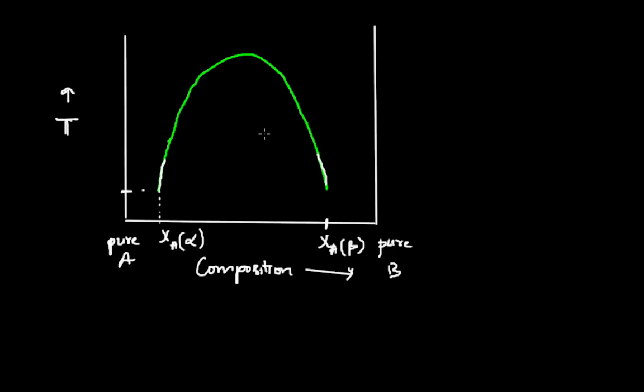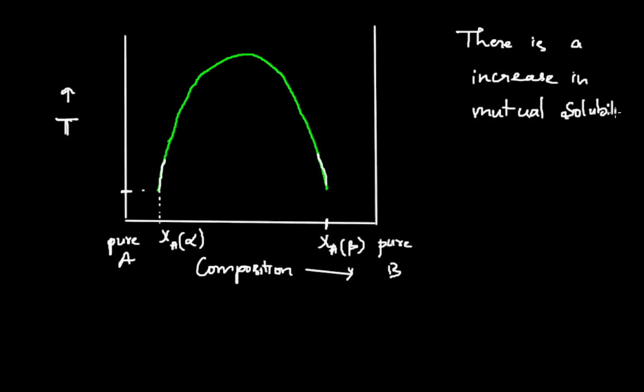Okay, and this is because there is an increase in mutual solubilities of two components as temperature rises. So this happens in most of the cases. So as the temperature is raised, the compositions of two solutions become closer to each other.